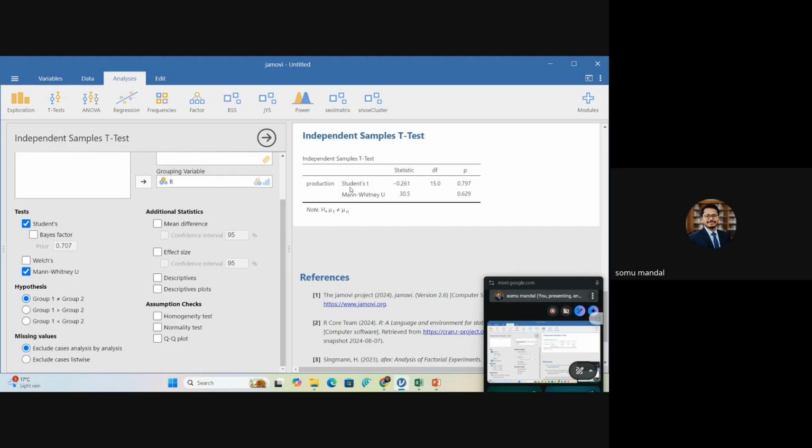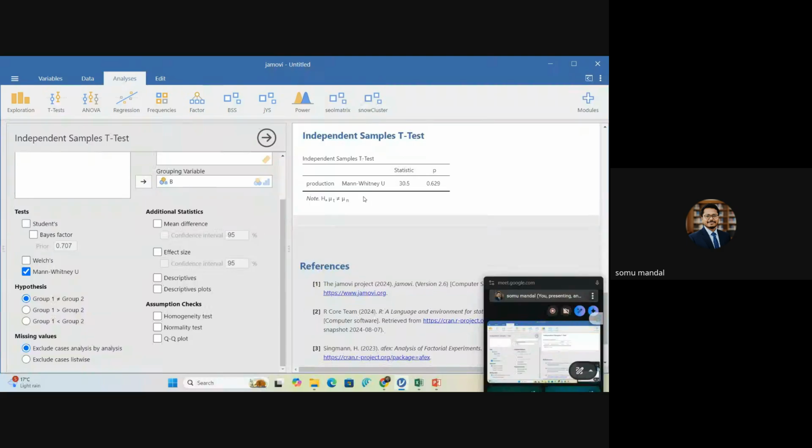Look here, you just run the Mann-Whitney test, and the p-value is 0.629. Here note that H1, the alternative hypothesis, indicates not equal to, meaning there is a significant difference.